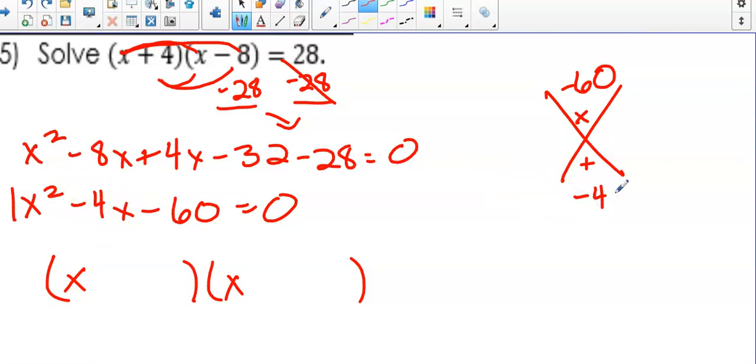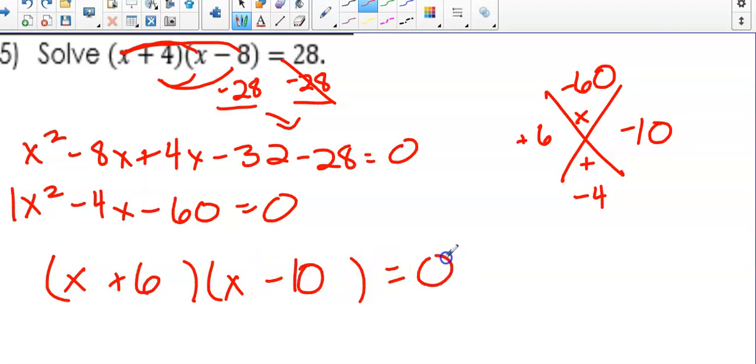Okay, and this may take a little trial and error at first. Like negative 1 and 60 will not add up to give me negative 4. So if I go through my list, I can get positive 6 and negative 10. They multiply to give me negative 60. They add to give me negative 4. So I'm going to put positive 6 in one of these, negative 10 in the other, and don't forget my equals 0.